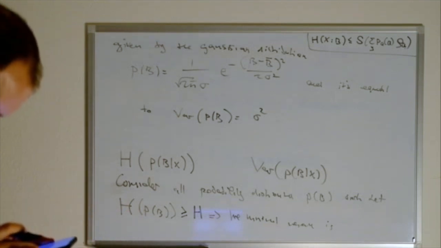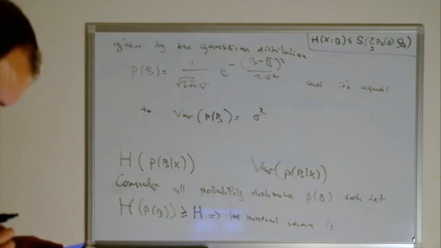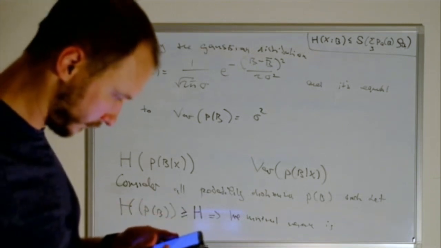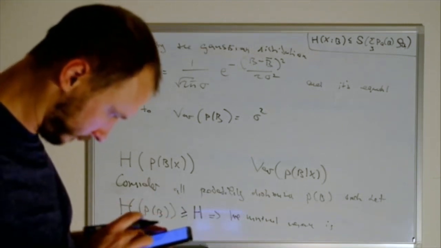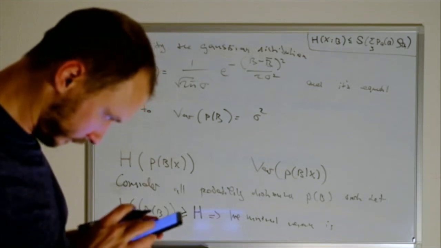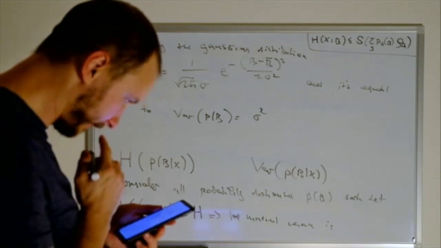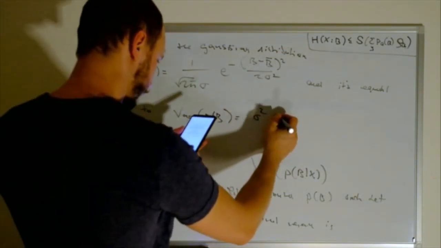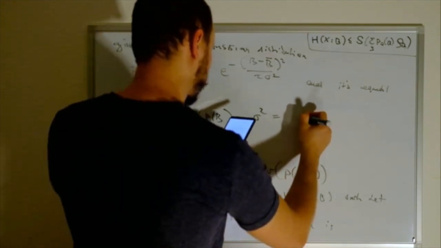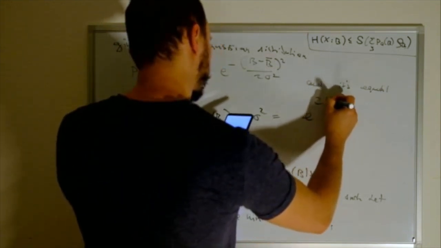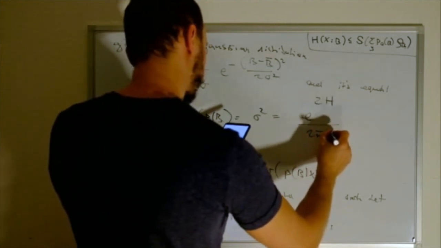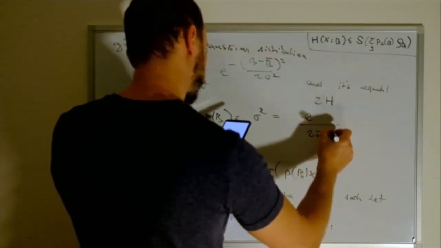So this variance is given by sigma squared, and this is in fact equal to the following thing: exponential of 2H divided by 2 pi e.